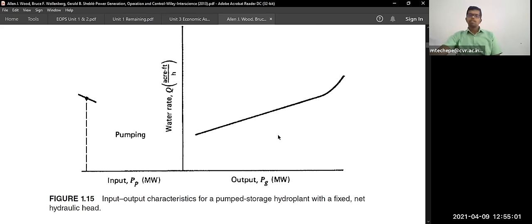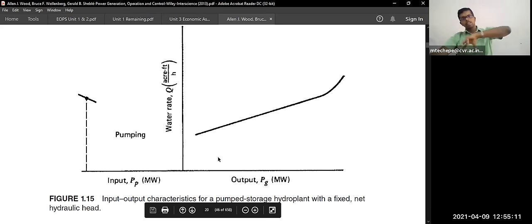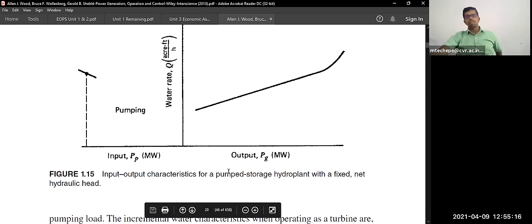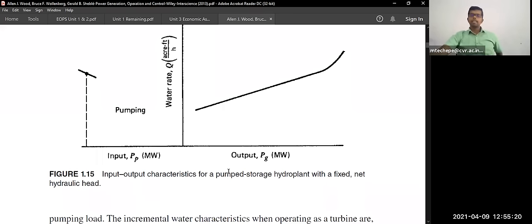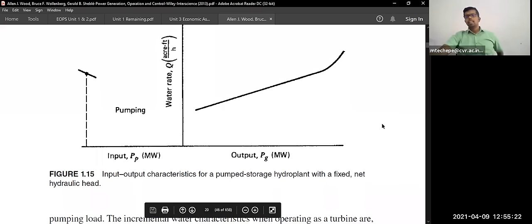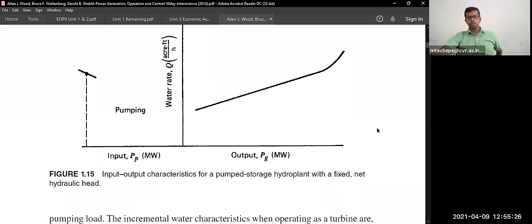Say for 100 megawatt we are generating, we have to use at minimum 50 megawatt to pump that water so that it reaches the first stage. You can do that in non-peak hours. If the generation is more and demand is less, in that scenario you can go for the pumped hydro storage power plant.